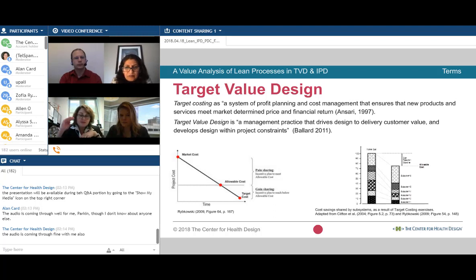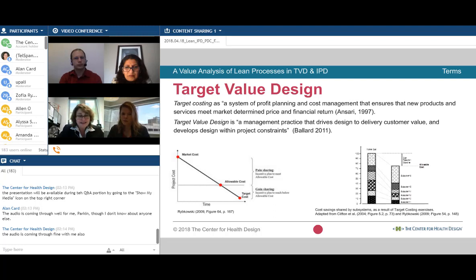So you really start at what customers are willing to pay, and then you get your whole team together and you essentially work backwards. You say, okay, let's see if we can redesign it to accomplish what the customers are willing to pay for, and then hit that cost. And so target value design really works in that direction.